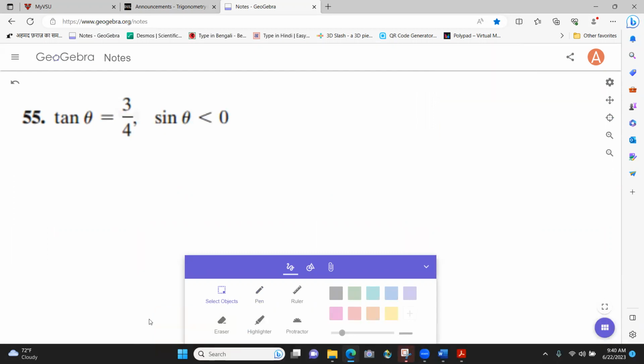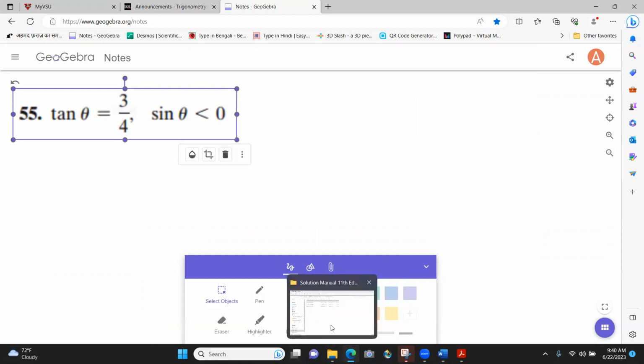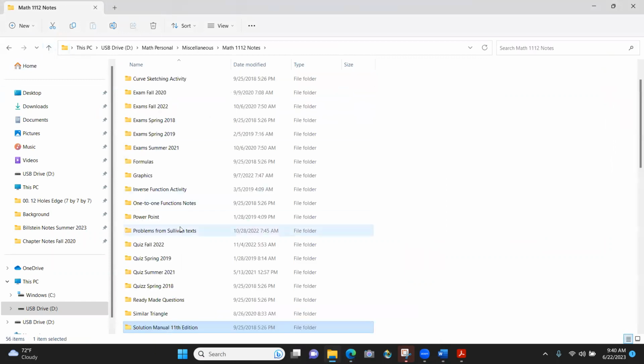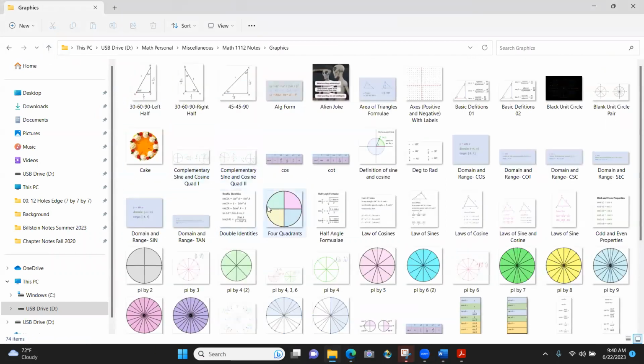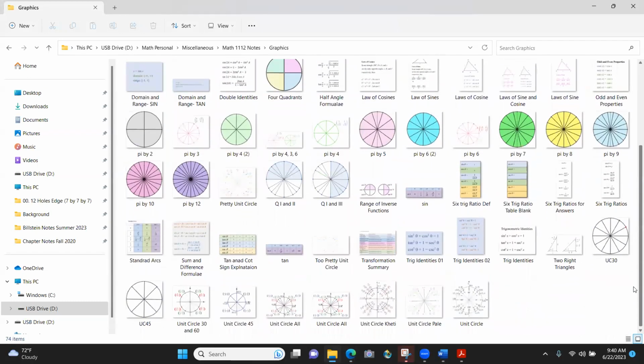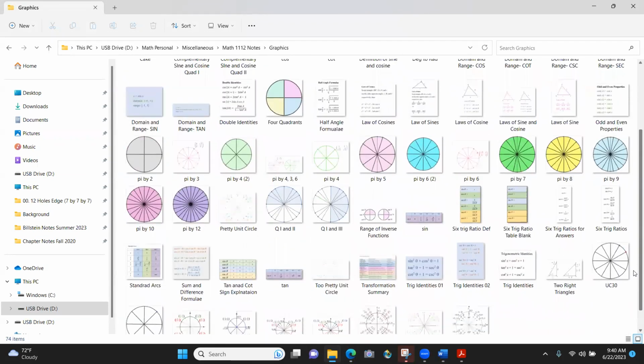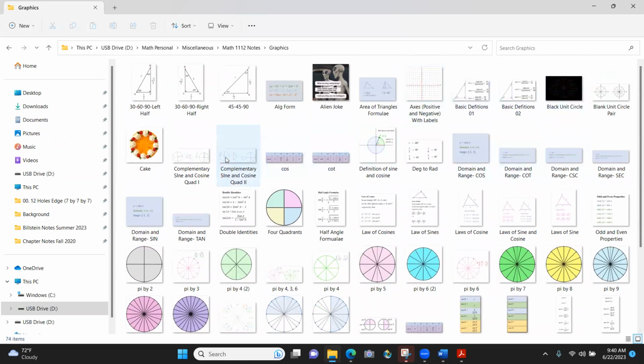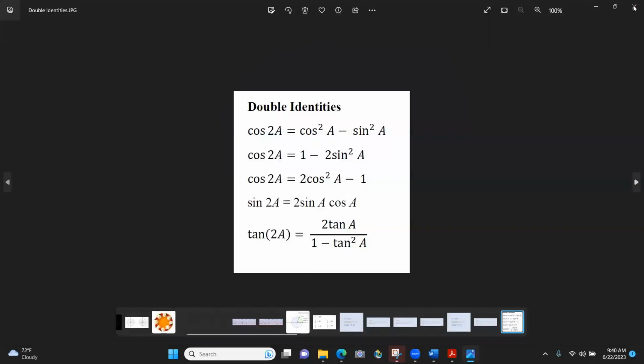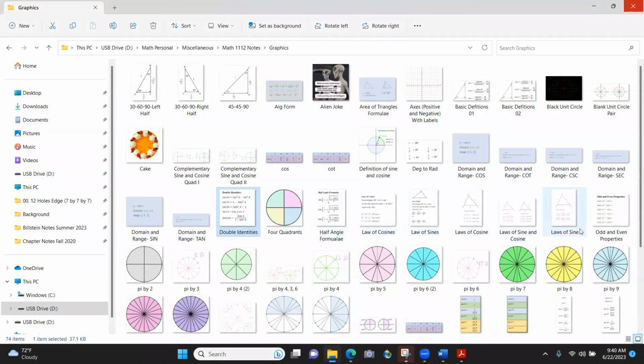All right, guys, let's see what we can do here. Now, these are called the trig identities. Let me show you. There are three of them. I have to find it. Now, bear with me a little bit.